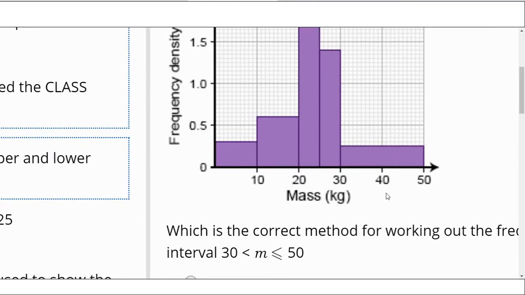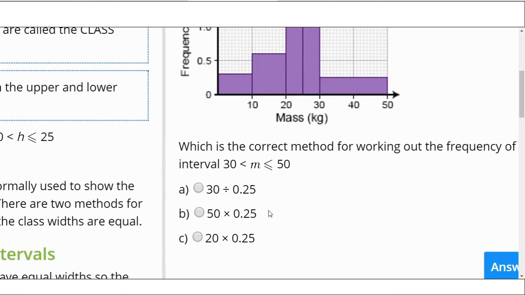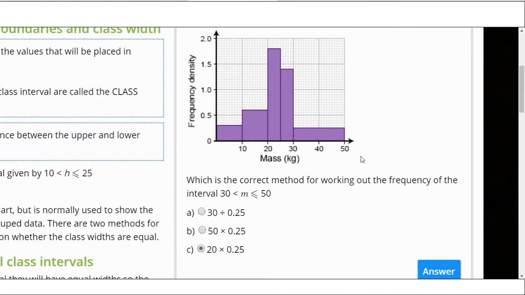So 20 times 0.25. Oh, which one? Oh, yes, this one is 0.25. I thought this one. So it's exactly in the middle, so it's 0.25. So it's C. Remember, 20 is the width, and then 0.25 is the frequency density.